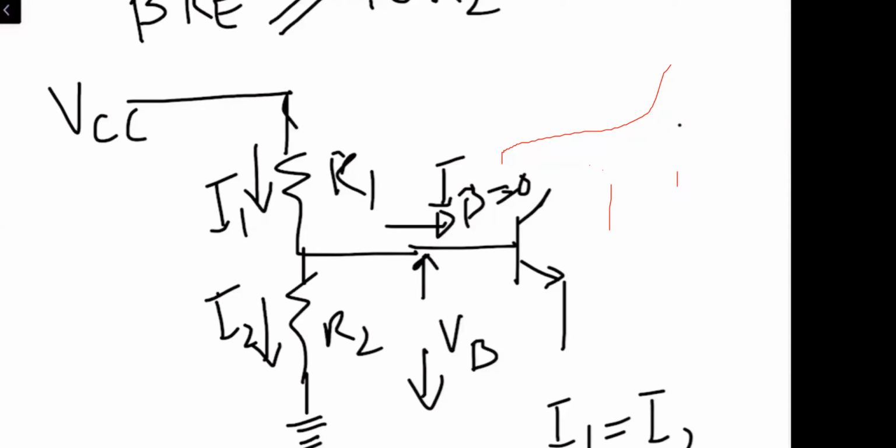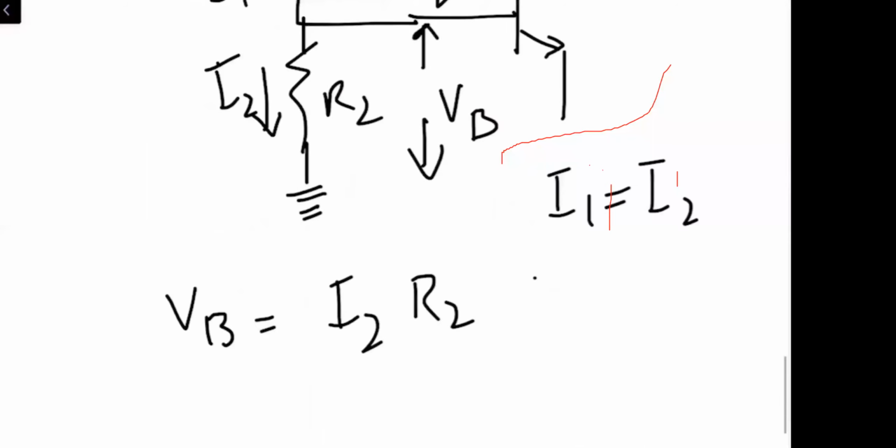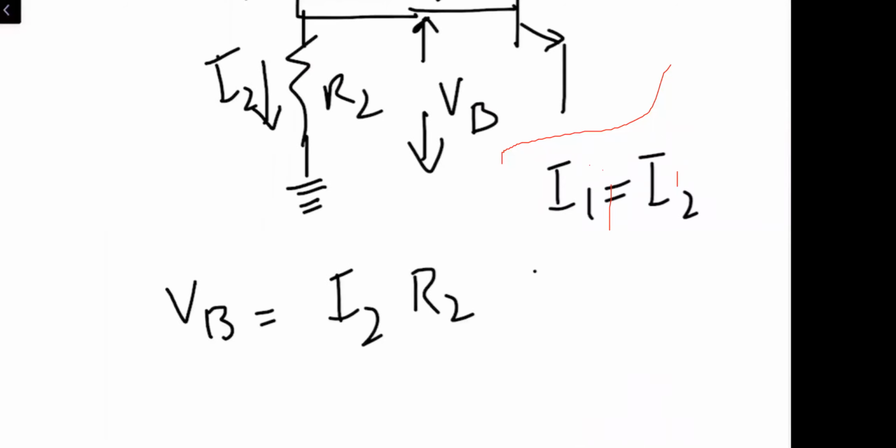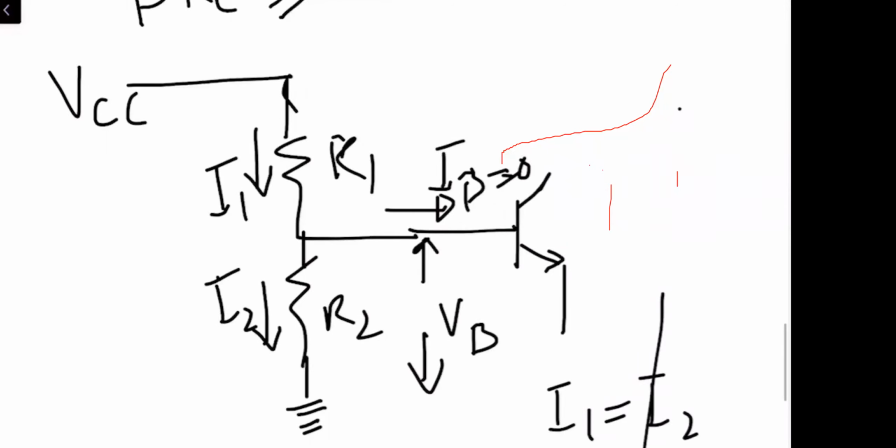So what is going to be the value of VR2? Anybody? It is I1 R2. If you see over here, we have VCC, which is being connected to R1 and R2, right?